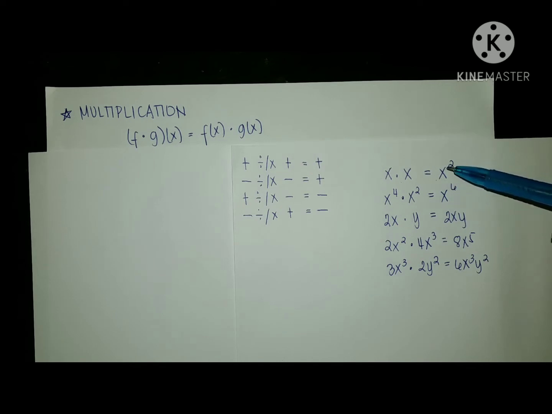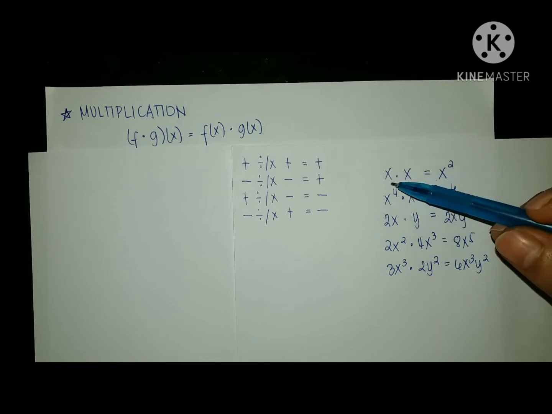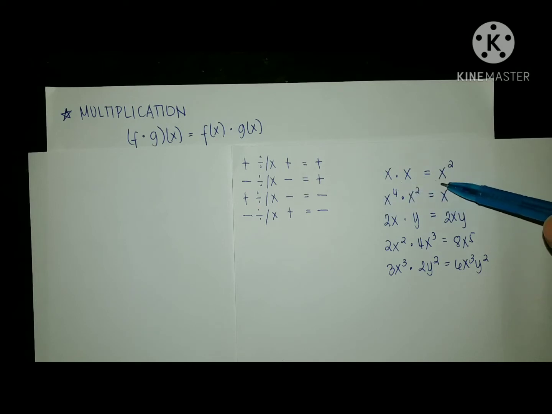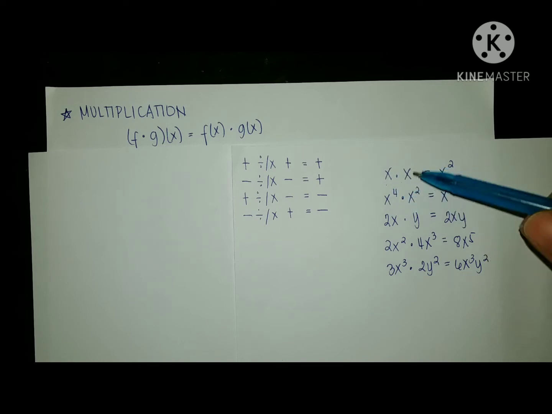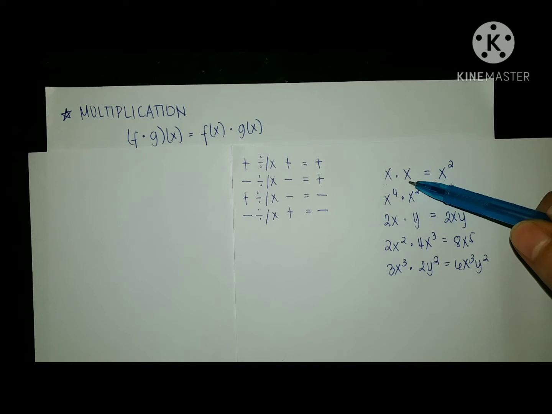Then, next will be copy the variable or the variables. In this case, we only have an x variable, so copy x. Then, add the exponent or the exponents of the common variables. In this case, the variable x and another variable x are common, so let us add their exponents.